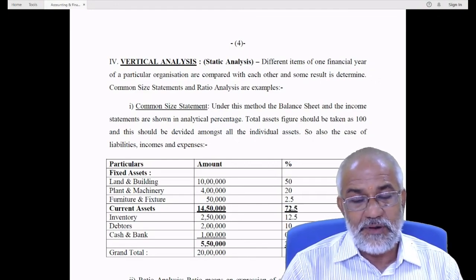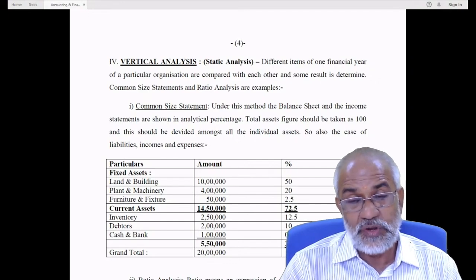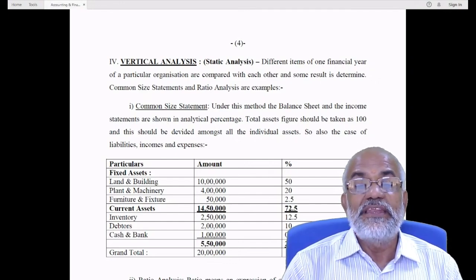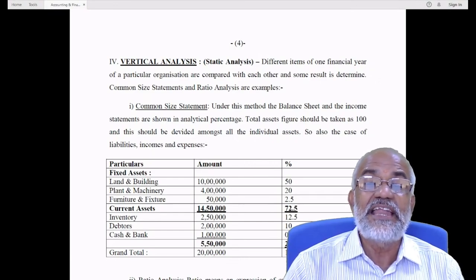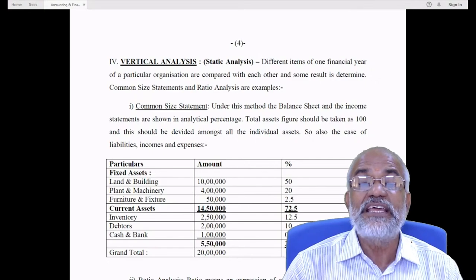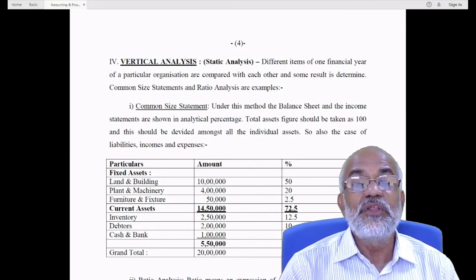And each item of assets is to be divided accordingly into different percentages, comparing the total to be 100. So when the total of assets is 20 lakhs and the first item of fixed assets is land and building, the amount is 10 lakhs, it would obviously be 50% of the whole of the assets.